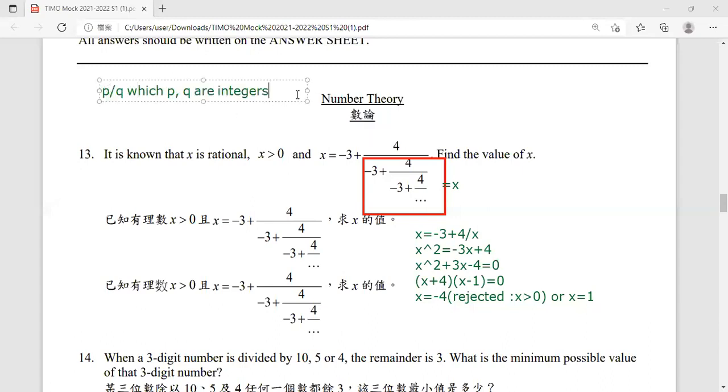This means rational, okay? A rational number can be negative, okay? P, q can be negative. Rational means you can write it as a fraction only. Yes.